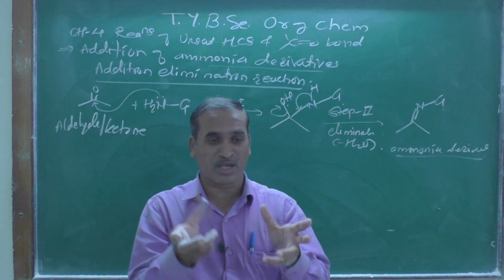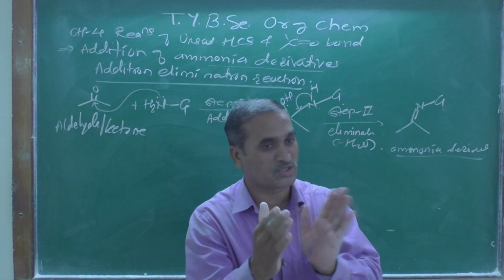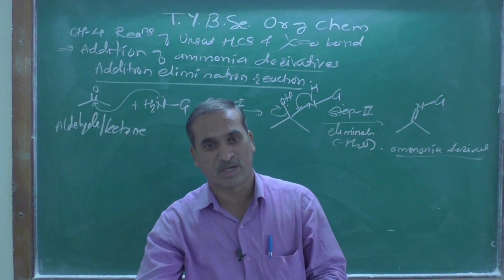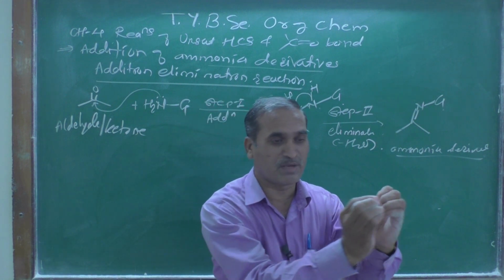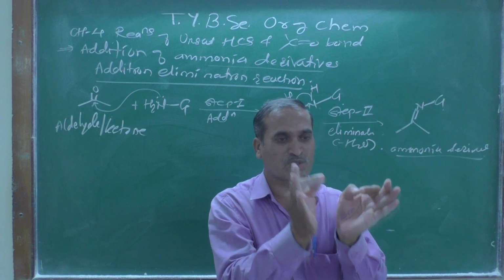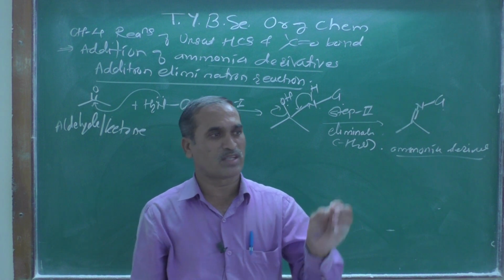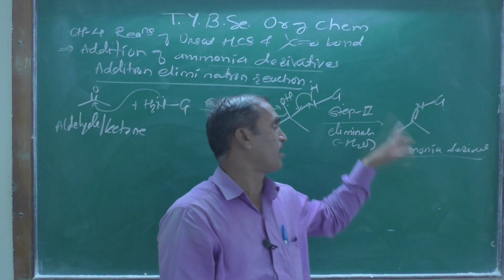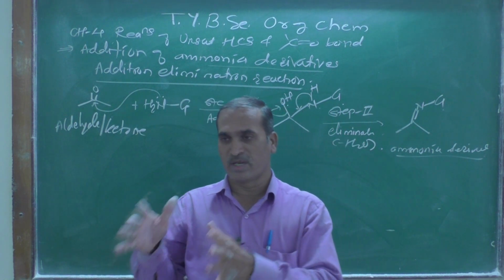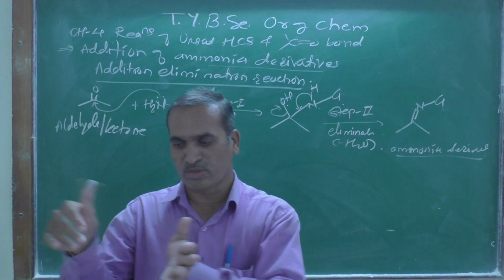As we know, melting point means there is a change in physical state, solid is converted into liquid, and therefore we can define the melting point: the temperature at which a solid is converted into liquid is known as the melting point of that substance. So this is the second major difference between derivatives and preparations.